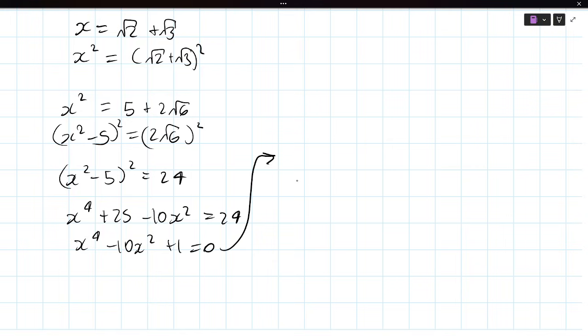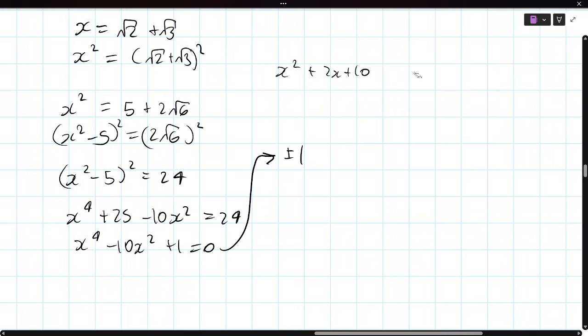Now we know, for instance, this is a hidden quadratic, but it doesn't really matter. The possible candidates here are plus minus 1, because, I think I didn't state this before, but let's say if you have x squared plus 2x plus, let's say, 10, the possible candidates of rational roots are plus minus 10, plus minus 1, plus minus 2, plus minus 5, and so on, all the divisors of it.